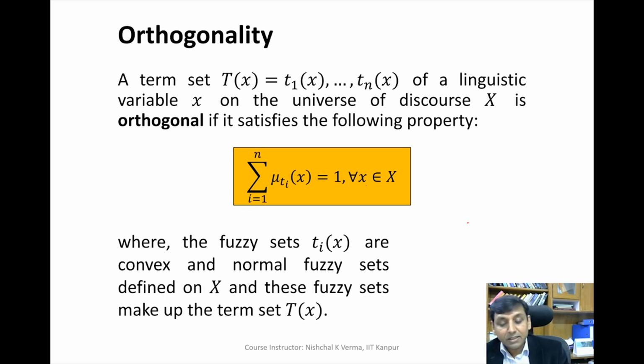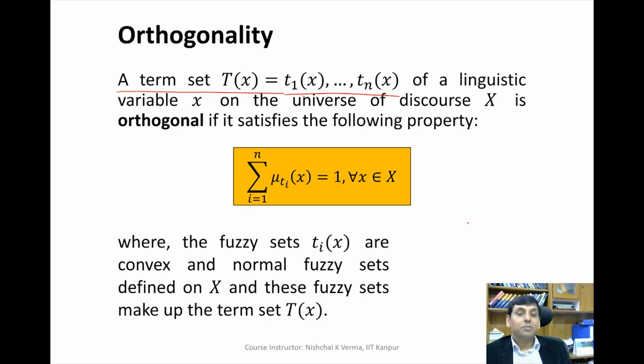If we have a term set Tx, we have already seen that Tx includes many linguistic values, and if these linguistic values are represented by fuzzy sets T1x, T2x, T3x, and so on till Tn of x, this means that the term set has n number of fuzzy sets.